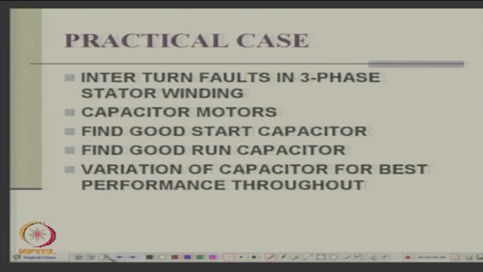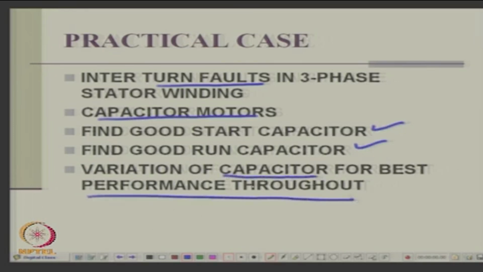Then we have always said that in the asymmetrical case it could be interturn faults, capacitor motors, and how to find the capacitor for good starting and good running, and variation of capacitor for best performance. That means, what is the capacitor for starting, what is the capacitor for running in order to get the best performance. So, this is all part of the practical problems one faces in analyzing two phase machines.